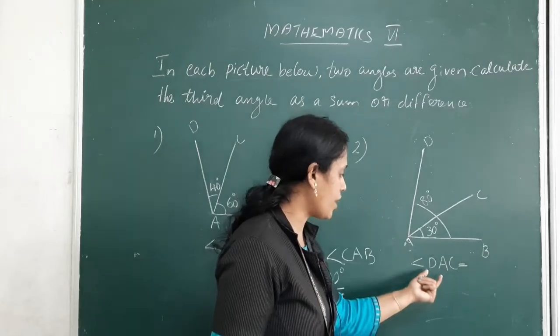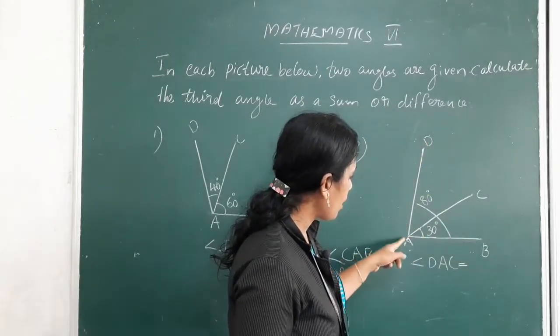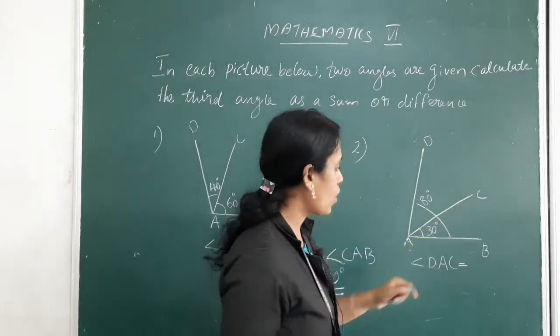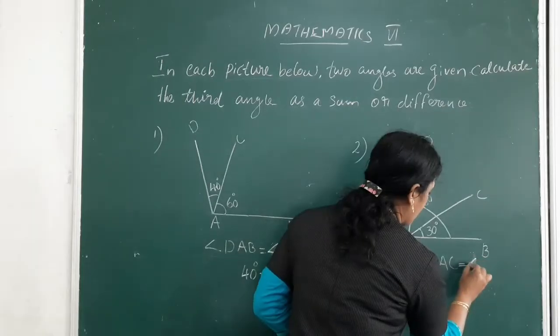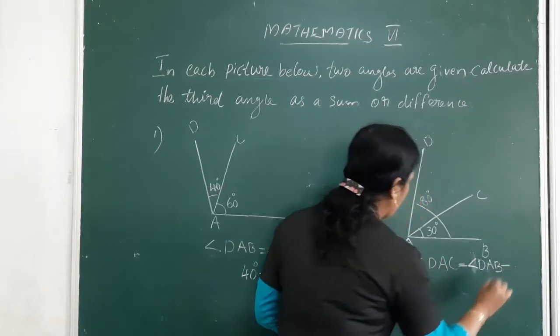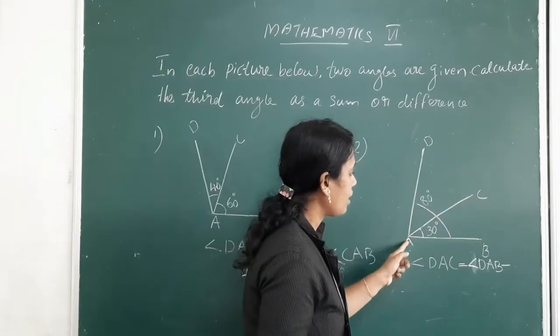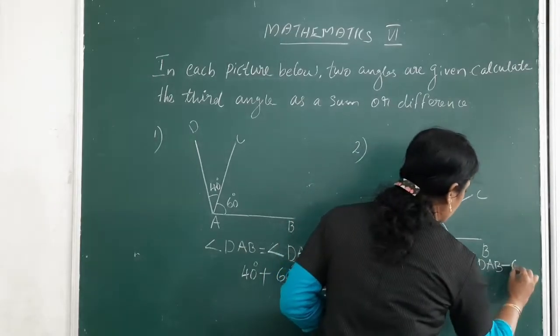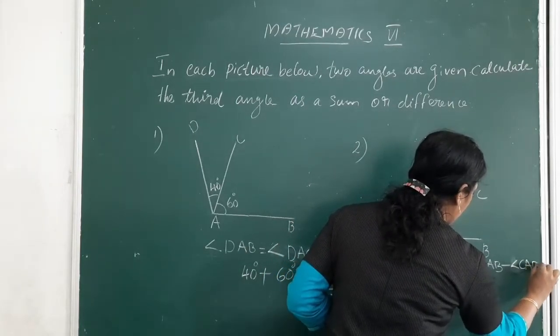So here we have to find out angle DAC. So here angle DAB minus angle CAB.